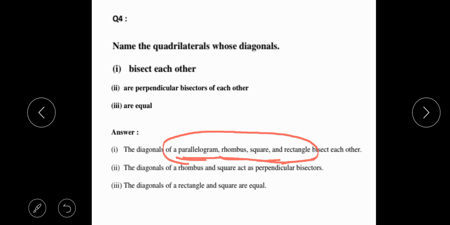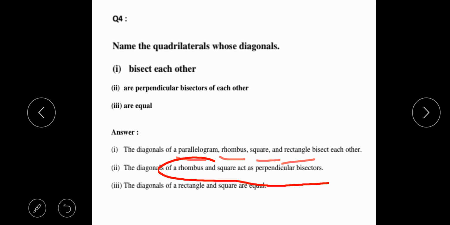Yes, the rhombus and square. Only in the rhombus and square are the diagonals perpendicular bisectors. But if the diagonals bisect each other and also are perpendicular, then we can call such a quadrilateral a rhombus or square.